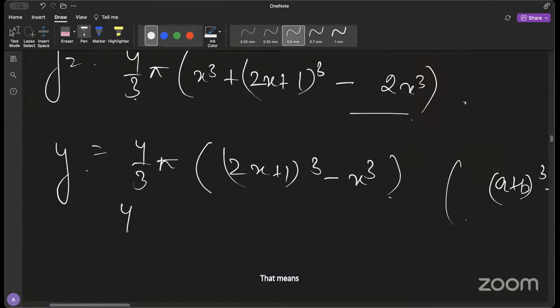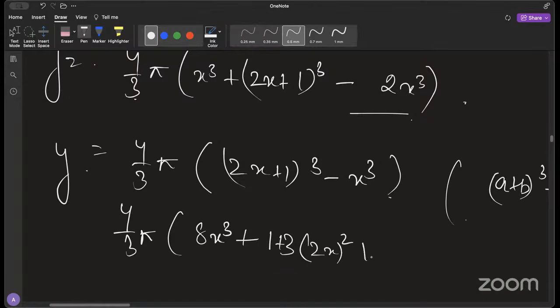So that means you will have 4 by 3 pi, and then 2x cube is 8x cube plus 1 cube is 1. Then 3 times 2x squared and 1, and 3 times 2x and 1 squared. 1 squared is just 1.